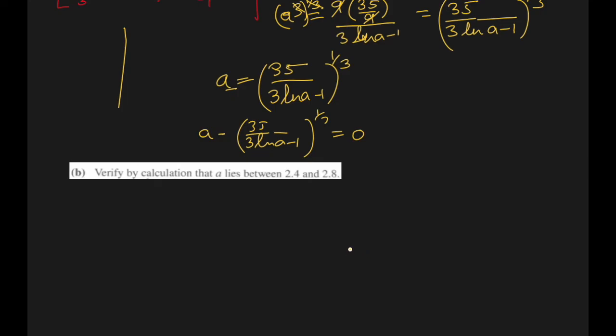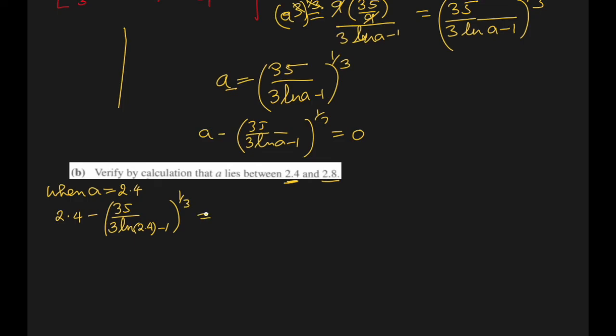Obviously it will not be equal to 0, but let's see what happens. If I substitute 2.4 first, because they're saying prove that it is between 2.4 and 2.8, when a is 2.4, what happens? Put a equal to 2.4 minus 35 over 3 ln 2.4 minus 1, to the power 1/3.